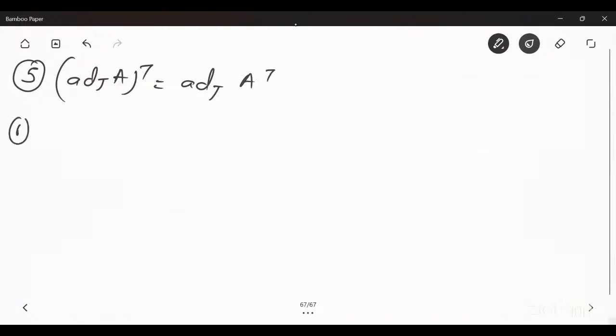Sixth property is adjoint of kA is equal to k to the power n minus 1 into adjoint A.